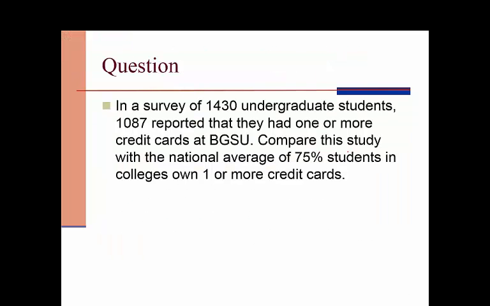So let's look at an example. In a survey of 1,430 undergraduate students, 1,087 said they had one or more credit cards. You want to compare this to a national average of 75% and see if that is true in Bowling Green or not. So, state your hypothesis.